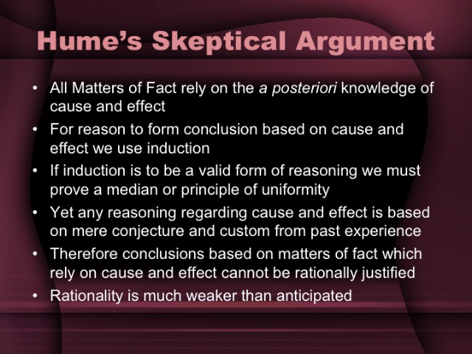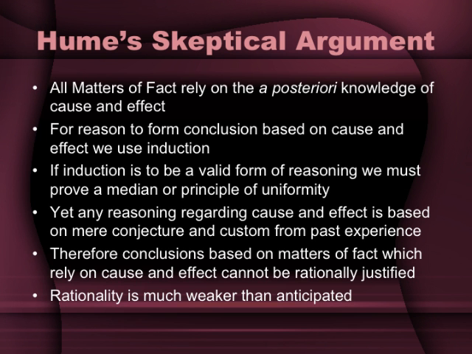Because if not, it would just be the relations of ideas, the mathematical principles where everything exists within the premise, or the definitions exist within the premises itself. So if philosophy is going to try to just use rationalism, it's going to do so in vain, because it does have a subservience to experience. Because all matters of fact rely on cause and effect. And cause and effect is only known through experience.